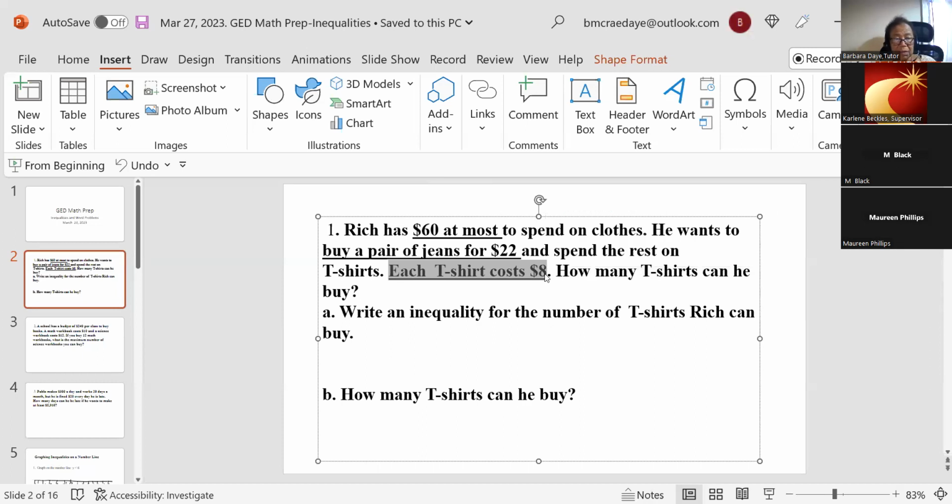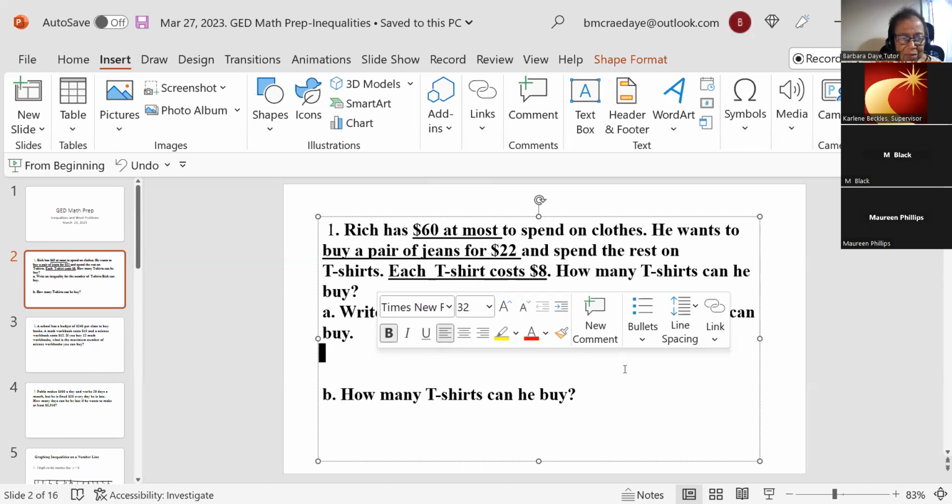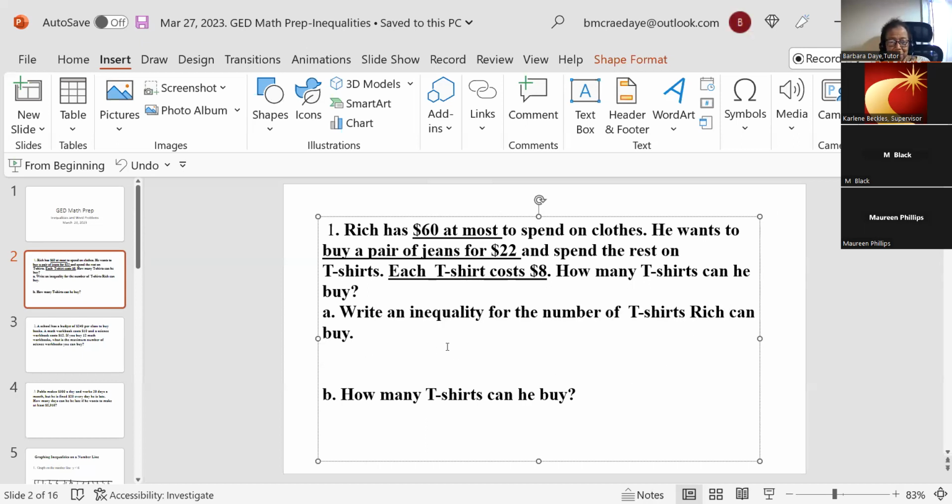So if he buys a pair of jeans for $22 and he has $60, then 60 minus 22 gives you what he has left to buy t-shirts, right? Yes. Okay, so now put that in an inequality. You can use the 60 minus 22.